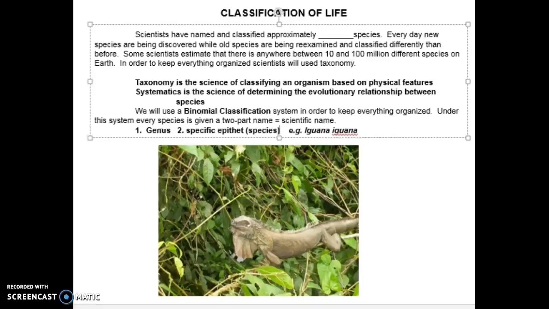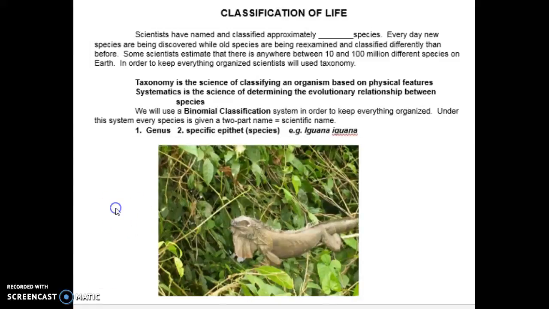The example I have here is from the rainforest: Iguana iguana. That is very specific to that particular animal, members of its population, and similar animals just like that. Scientific names are always written in italics or underlined, so you know you're referring to a scientific name, not a common name.